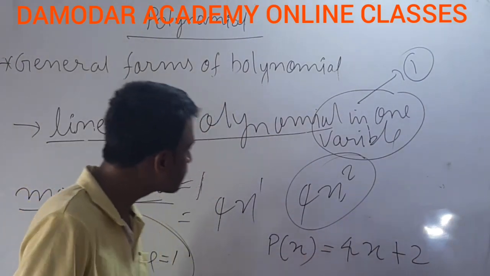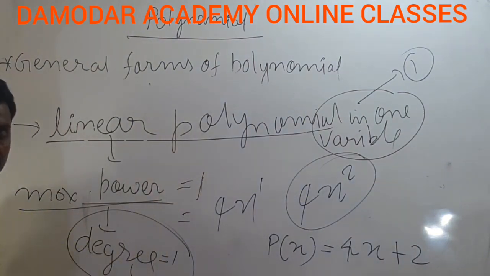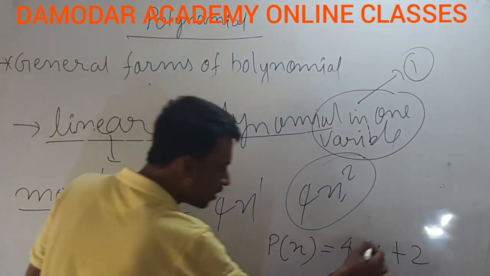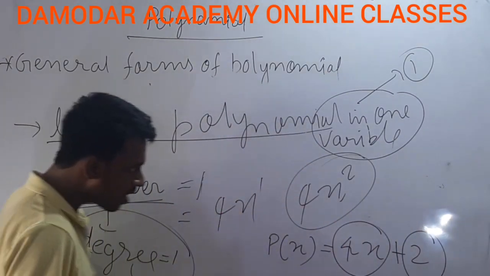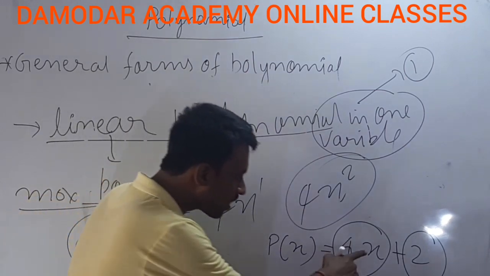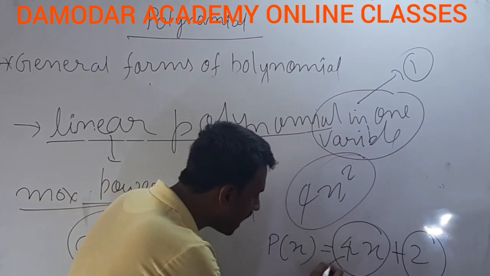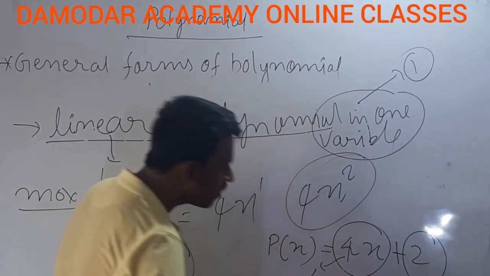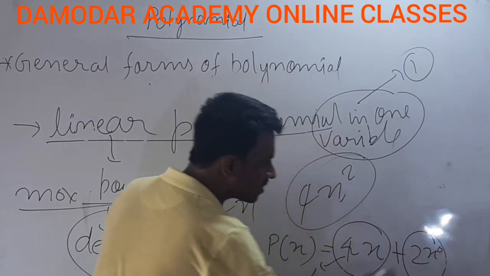Now let's check whether this polynomial is a linear polynomial or not. This is the first term, this is the second term, and what is the variable here? x is the variable. What is the power of x for the first term? The power of x for the first term is 1. And what is the power of x for the second term?